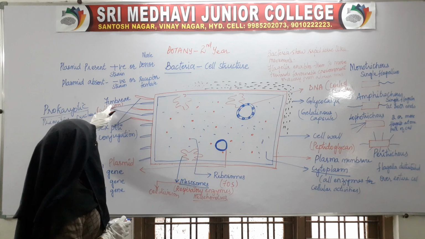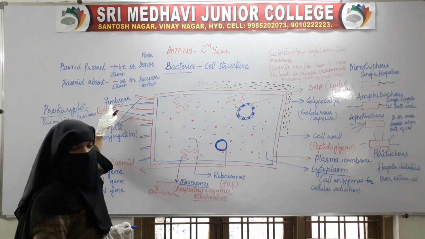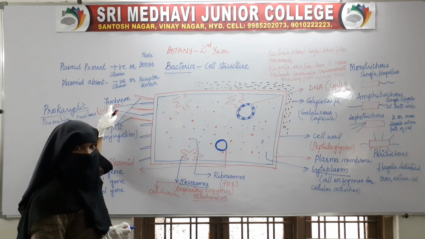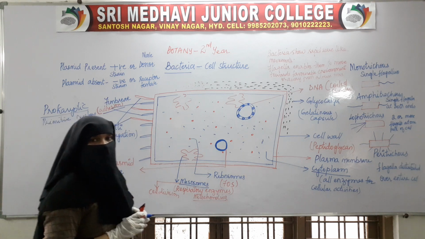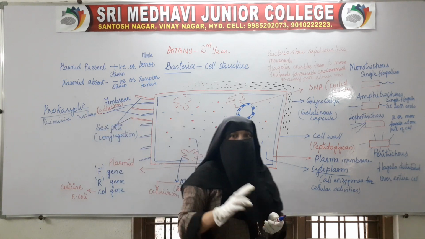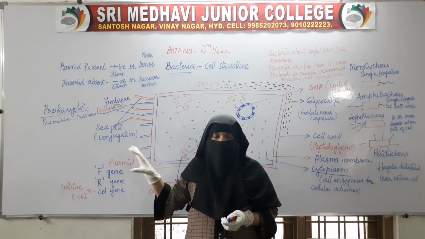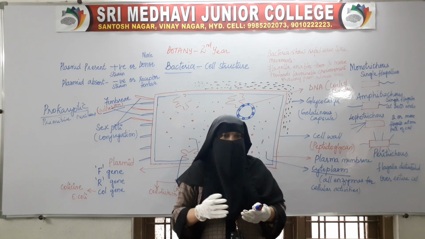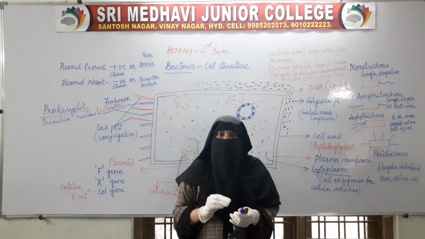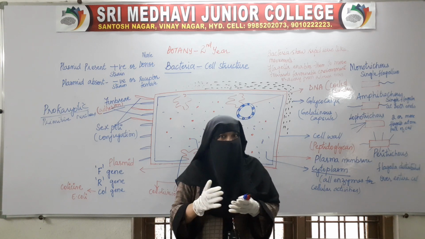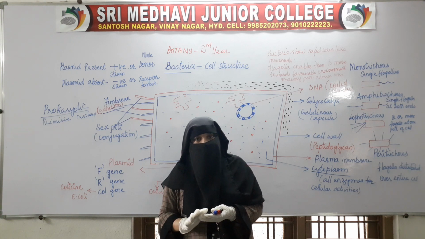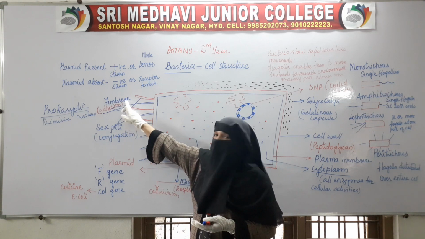Those are called fimbriae, and they help in adhesion, that is, attaching the cell to the substratum. The substratum can mean anything, so the bacterial cell can attach itself to anything with the help of these fimbriae.